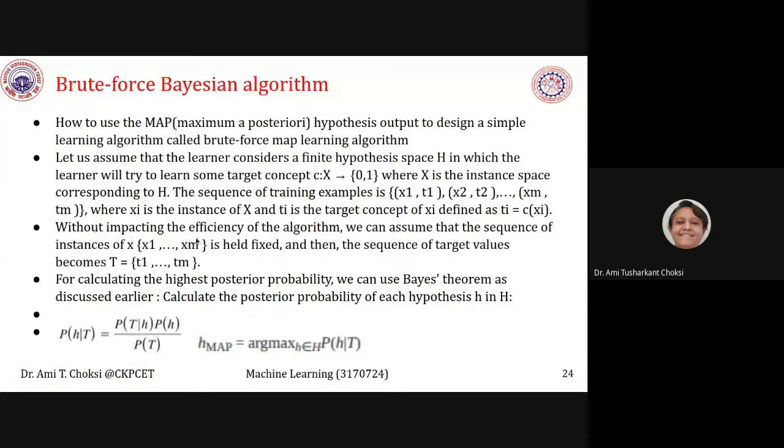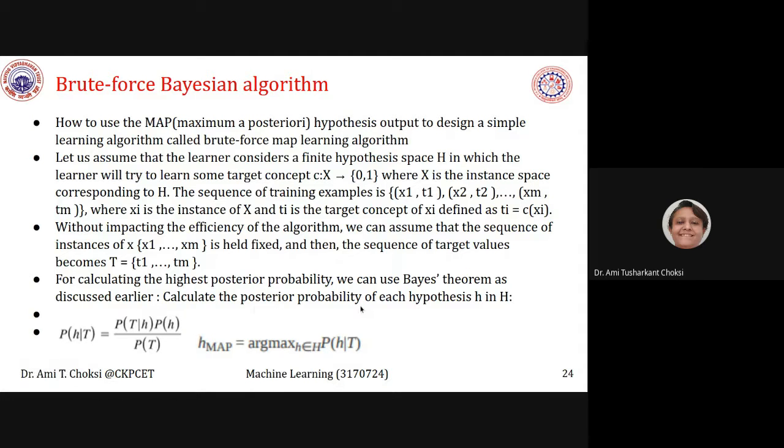Without impacting the efficiency of the algorithm, we can assume that the sequence of instances of X, that is x1, x2 up to xm, is held fixed, and then the sequence of target values becomes t equal to t1 to tm. For calculating the highest posterior probability, we can use Bayes' theorem as discussed earlier.